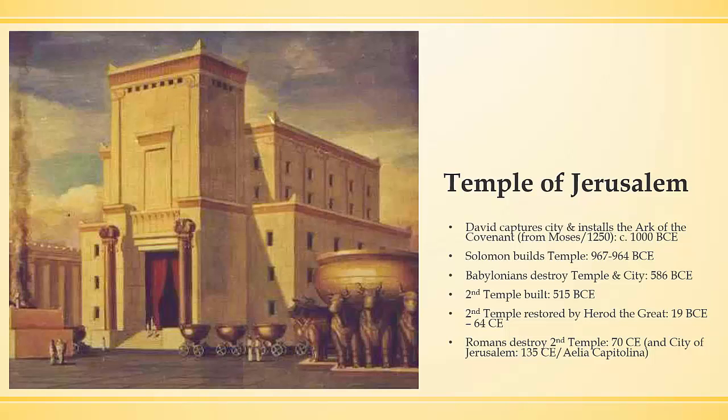David turns the city of Jerusalem into his royal city and unites the 12 tribes, the northern kingdom, the southern kingdom, into one great kingdom. And he brings the Ark of the Covenant as the holy shrine into this city.